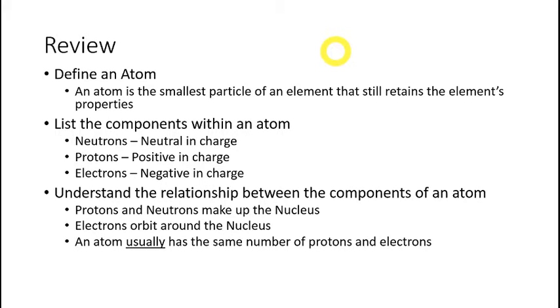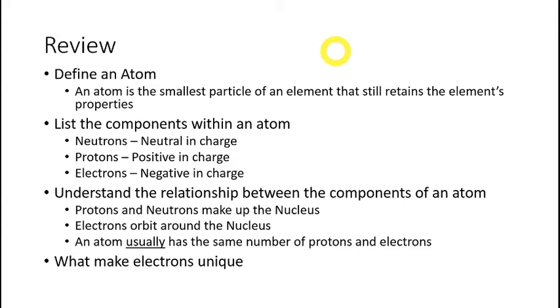When we get into current flow, we're going to talk about how electrons are shared between atoms and how that makes electricity possible. But before we can get to that, we just need to understand what is going on at the atomic level here. So I hope that is helpful.